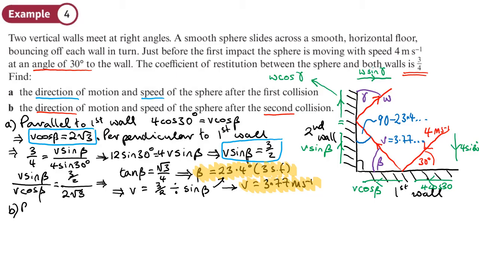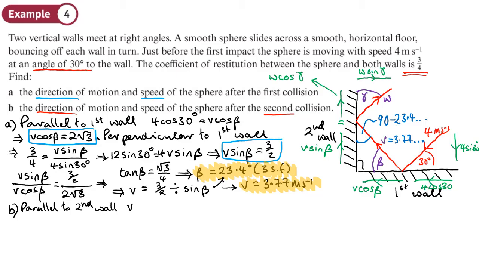So if we do parallel to second wall, that will be our V sine beta, which actually is 3/2, will equal W cos gamma.